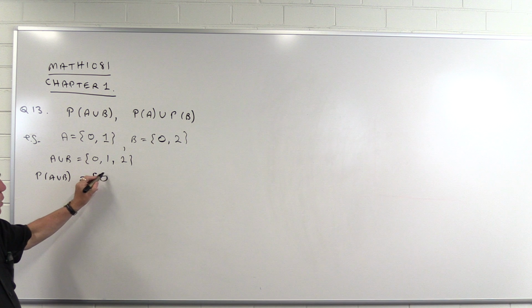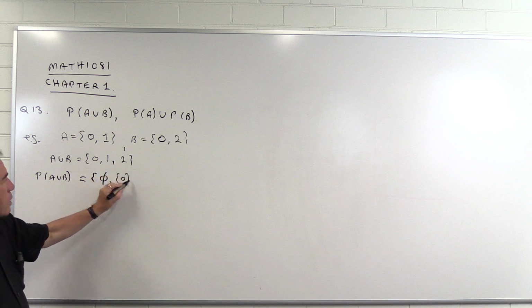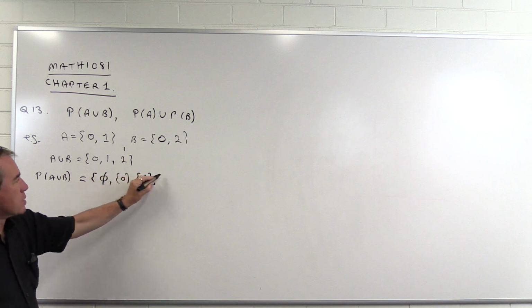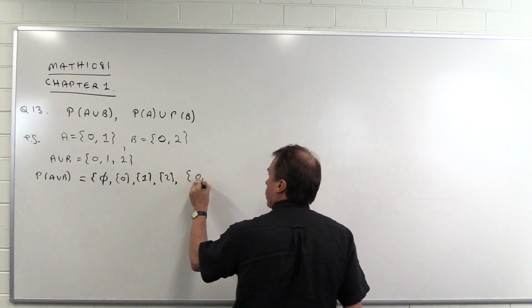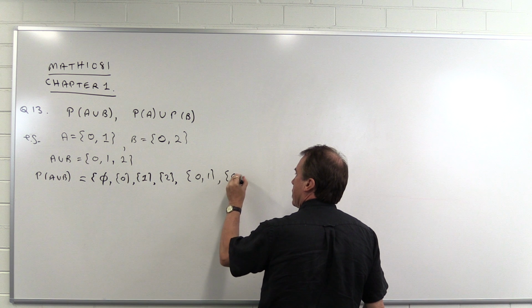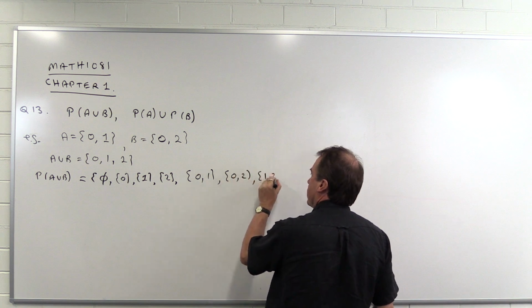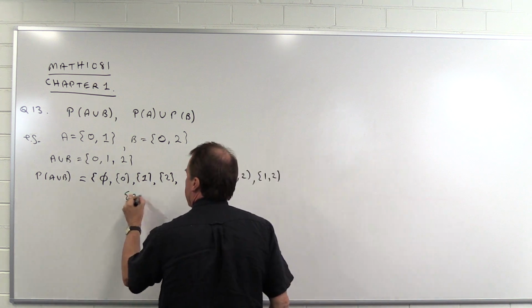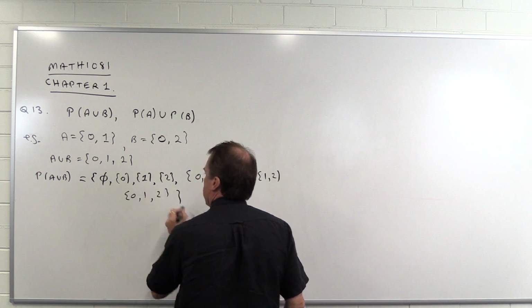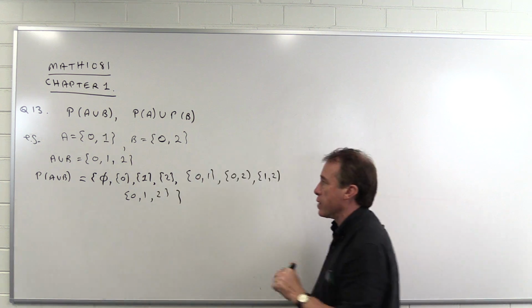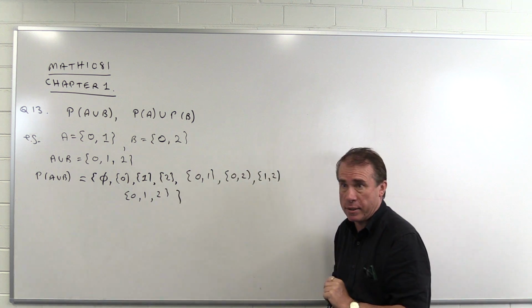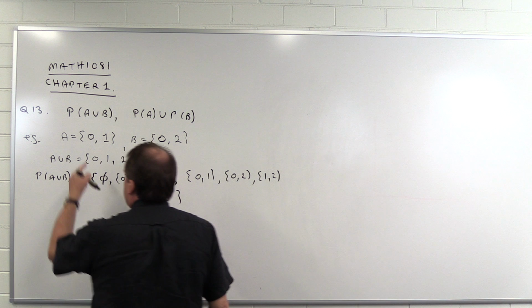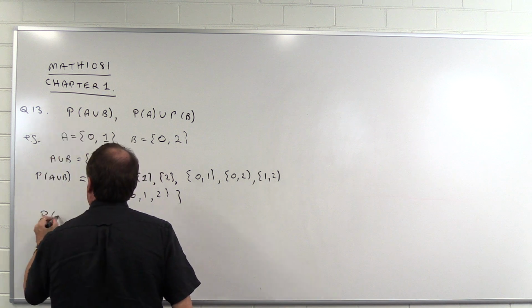So I have the empty set, the sets containing 0, 1, and 2, then all the pairs, {0,1}, {0,2}, {1,2}, and the whole set itself, {0,1,2}. Double checking, I have 1, 2, 3, 4, 5, 6, 7, 8 elements in the power set. So that's what that set looks like in this example.